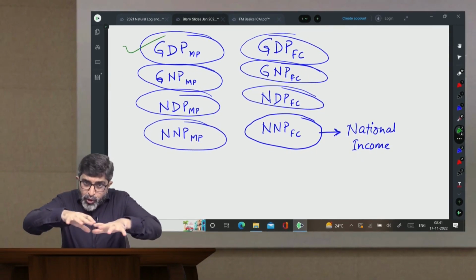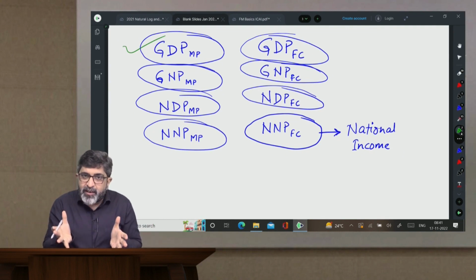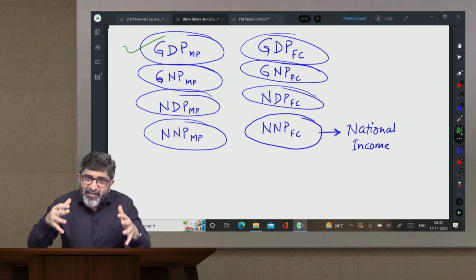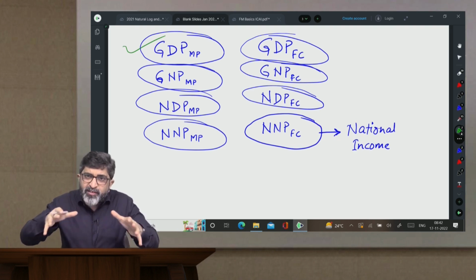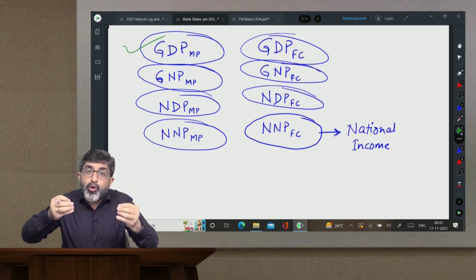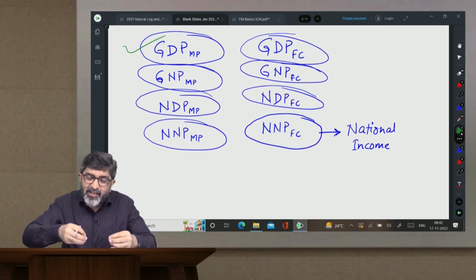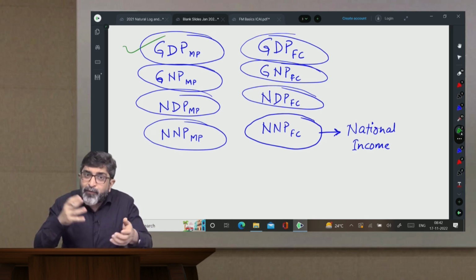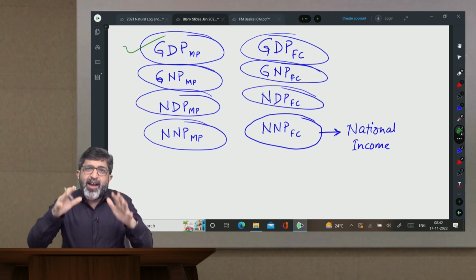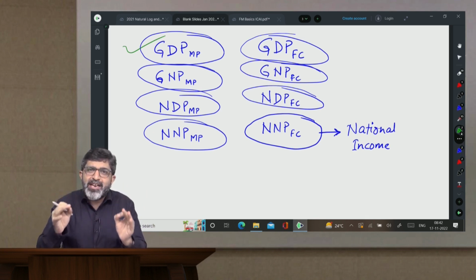Domestic means produced within the domestic territory. Imagine we are talking about India as a nation: whatever goods and services are produced within the domestic territory of India, whether produced by Indian companies and citizens or by foreign companies and citizens, if it is produced in India, it is part of GDP.